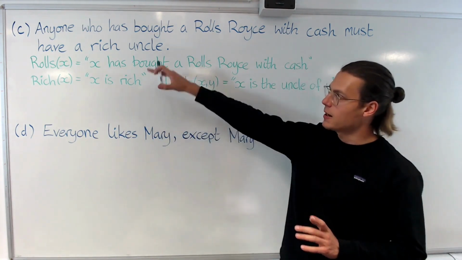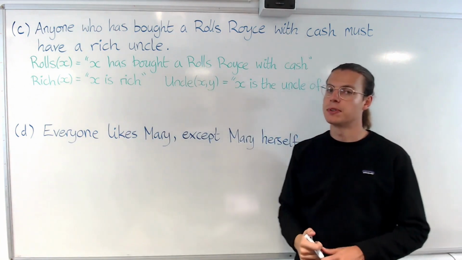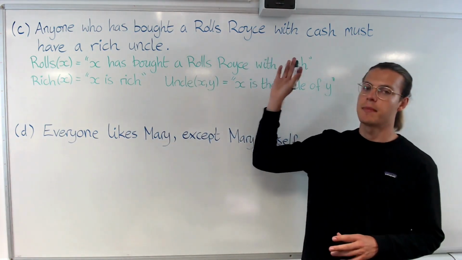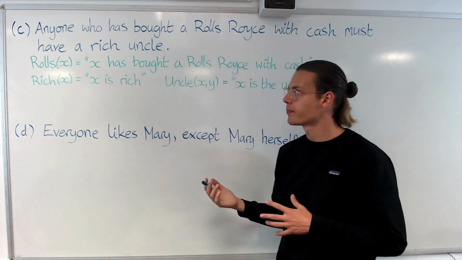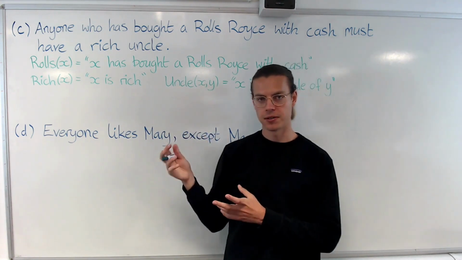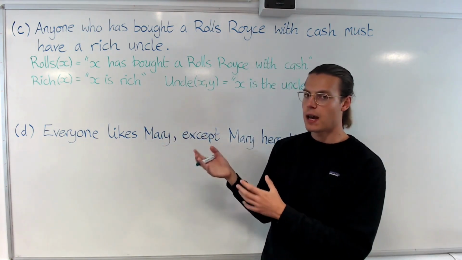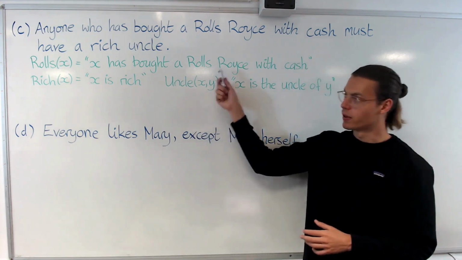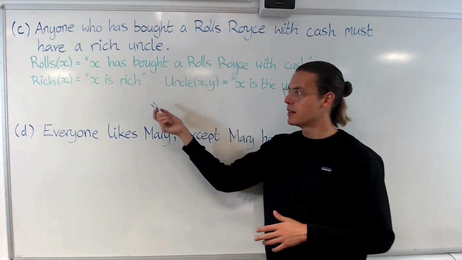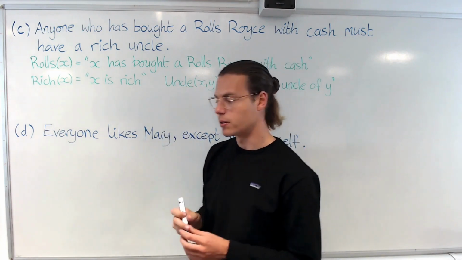Now, the statement again says anyone who has bought a Rolls-Royce with cash must have a rich uncle. So for any person X, if X has bought a Rolls-Royce with cash, then X has a rich uncle.